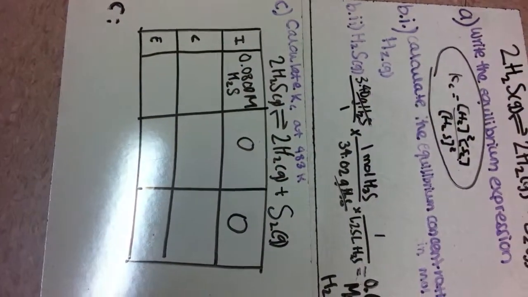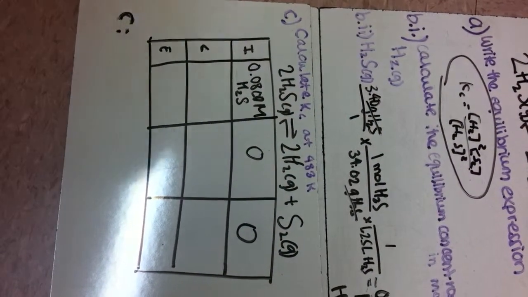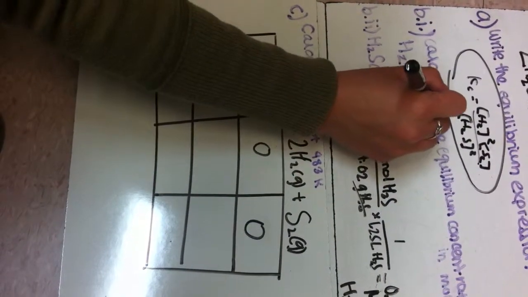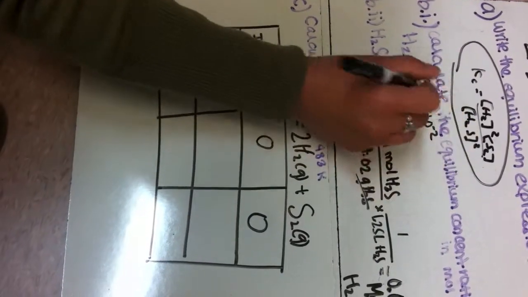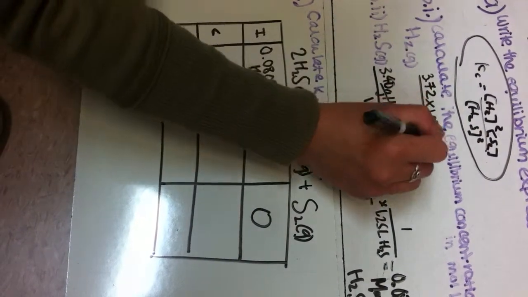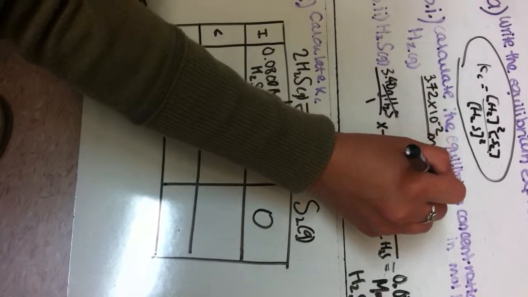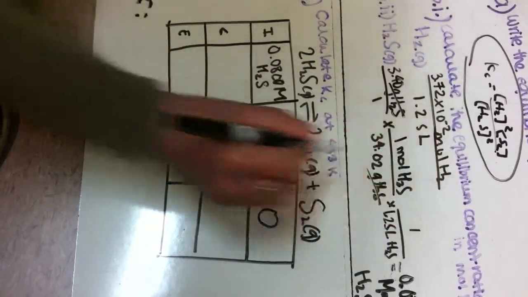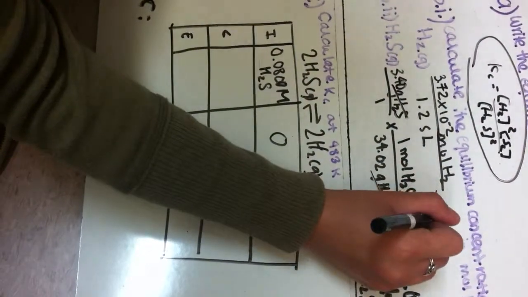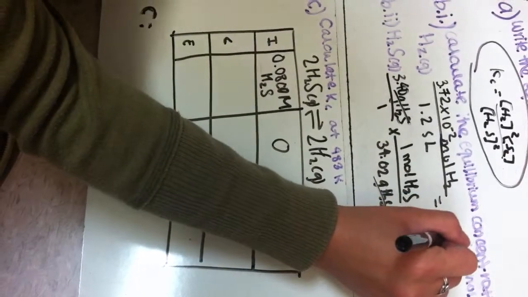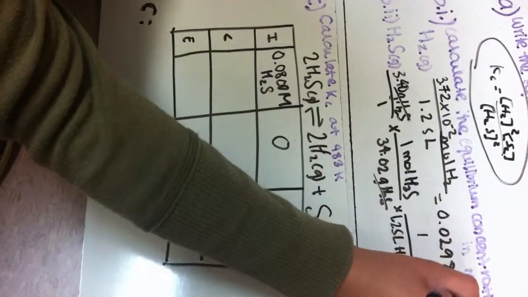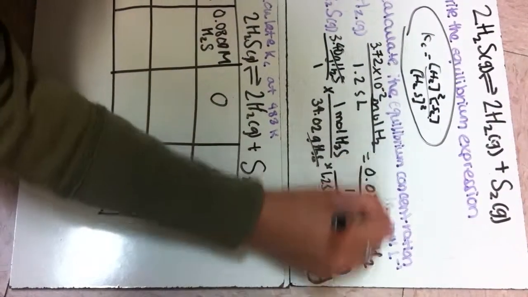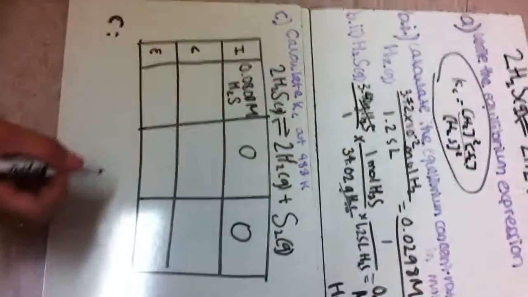Then going back to S2, we do 3.72 times 10 to the negative second moles of S2 over 1.25 liters to get molarity. This gives us 0.0298 molarity of S2, and that is what we use here.